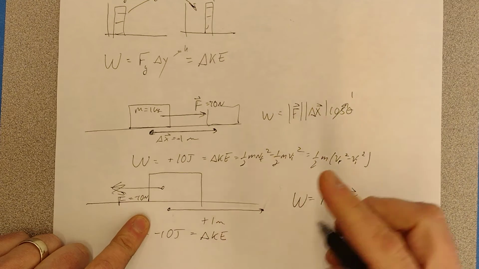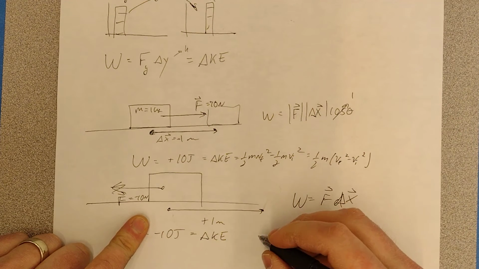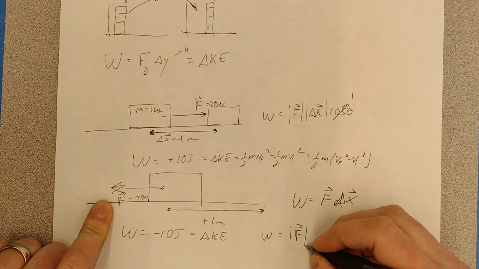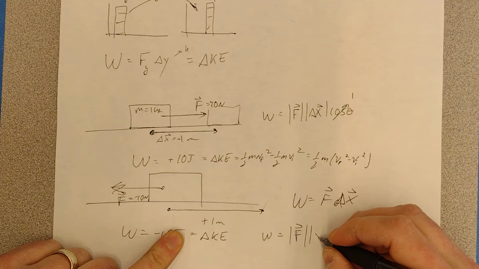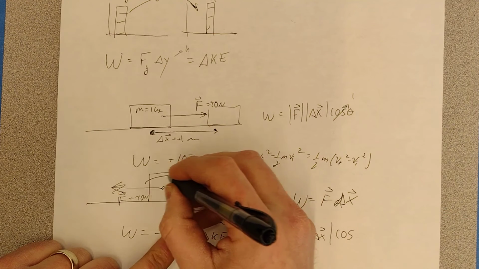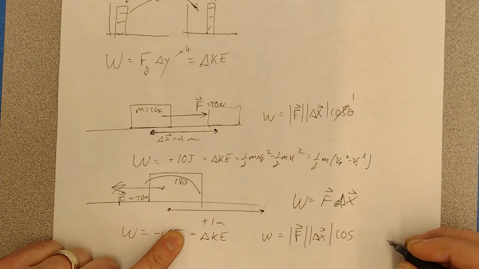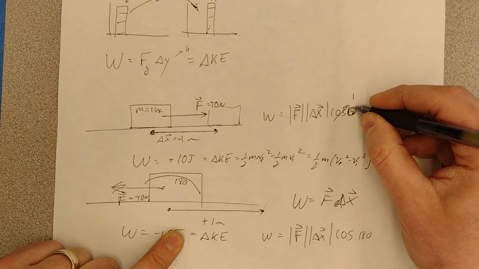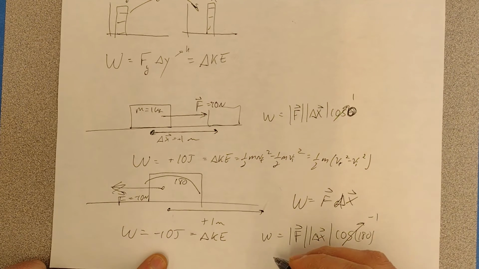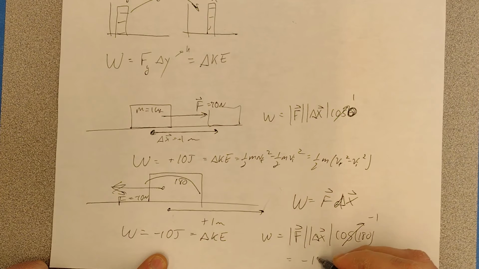If we look at this one, work equals the magnitude of F, which is negative 10, times the magnitude of displacement, positive 1, times the cos of the angle between them. Well, the angle between these is 180, so it would be cos of 180. This would be cos of 0, and that is negative 1. So you get negative 10 joules.